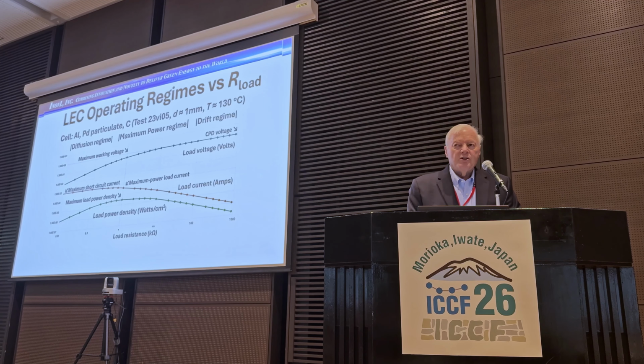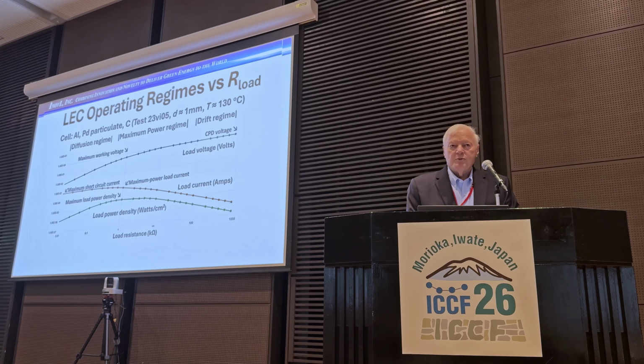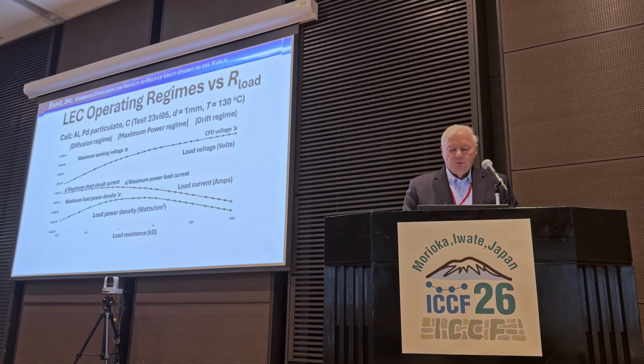Basically, what we're measuring at this point is close to the work function difference between the electrodes. As we reduce the resistance, we're actually increasing the load on the cell. When we get down to, say, 10 ohms, we're producing the maximum short circuit current. But at that point, the voltage is very low, and so the power is very low.